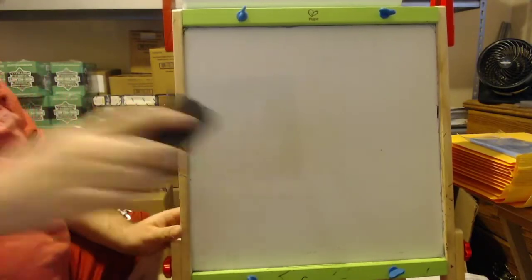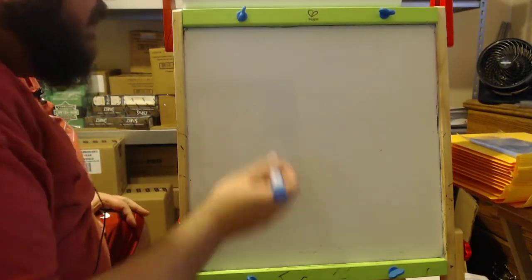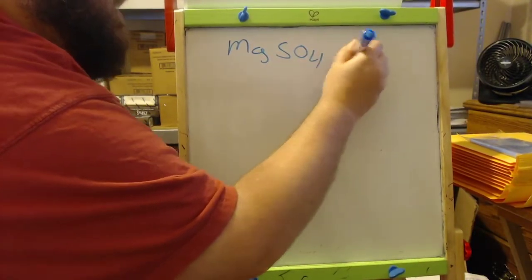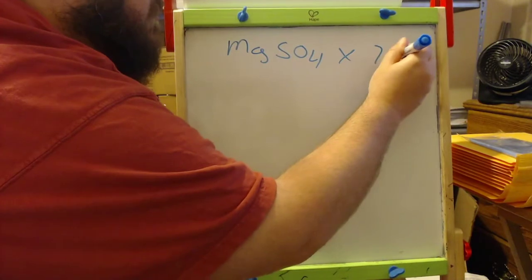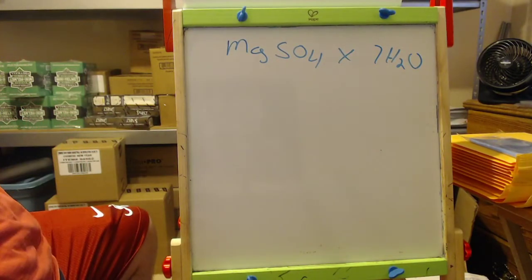You may see a compound that looks like the following. MgSO4 times 7H2O, which is Epsom salt.